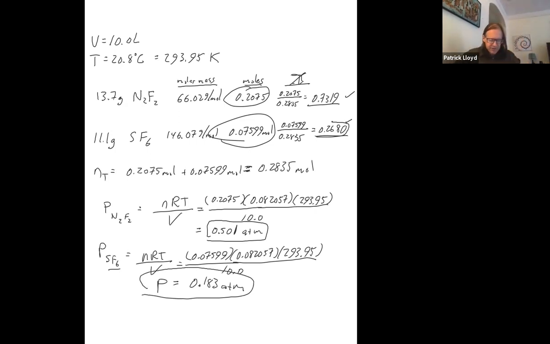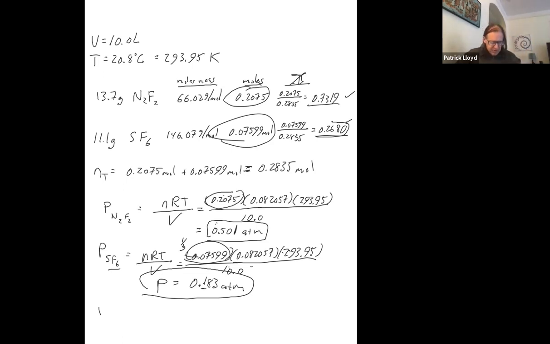The reason is that I looked at this number, 0.2 versus 0.07. This is about 3 times that. And they both have the same RT over V. So if this is 1/3 the number of moles, then this should be 1/3 of the pressure. So if I got 0.0 something here, that tells me that's too low for pressure.